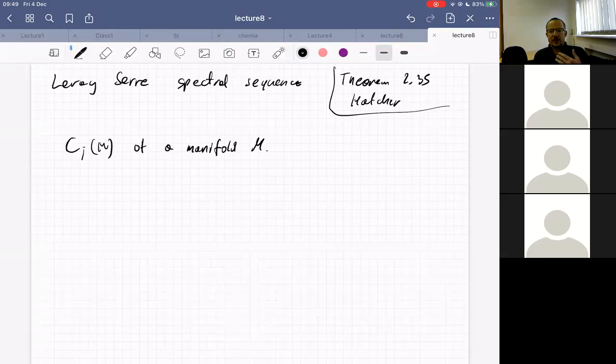Okay, we have the singular homology, and we have presented M as a union of M_k's, and M_1 was a subset of M_2, and so on.